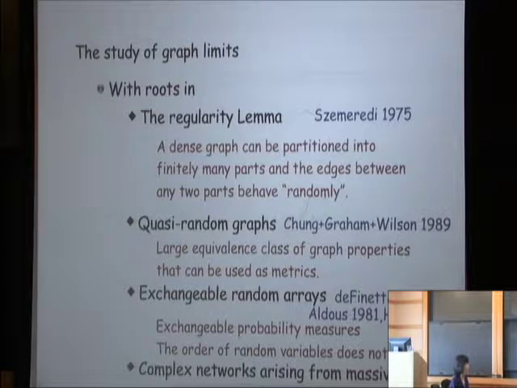from the powerful tool, the regularity lemma by Szemerédi, Cauchy randomness, different equivalent graph properties, which are sort of different metrics for studying graphs, and some classical probability theory about these exchangeable probability measures, and more recently in the study of so-called complex networks, when the limiting behavior can really reveal its structure.